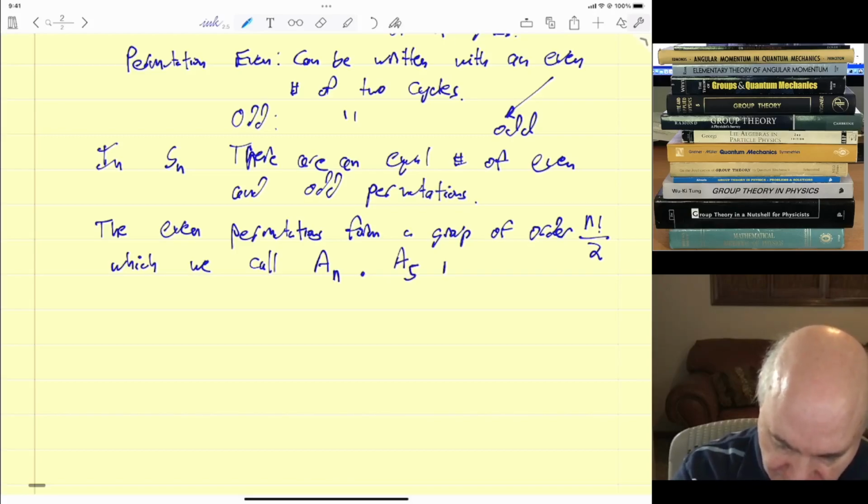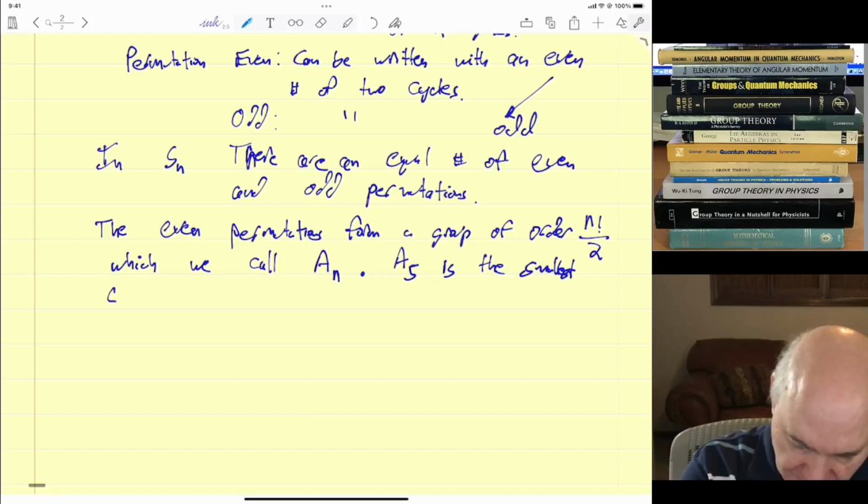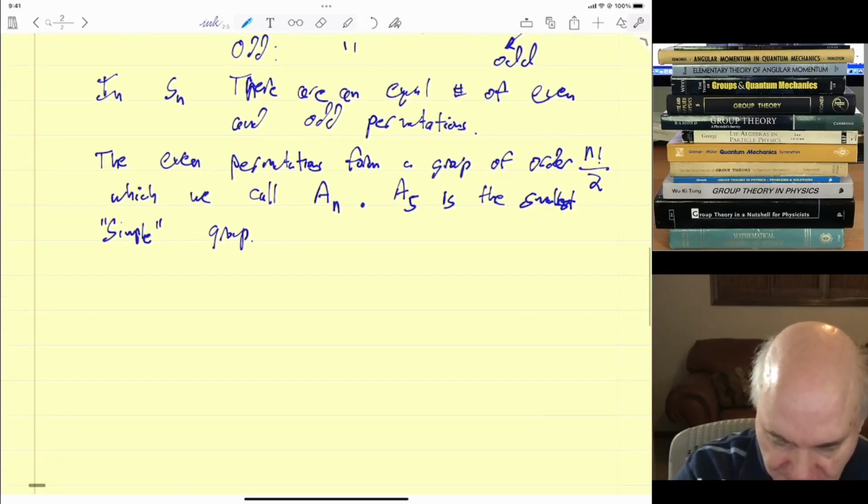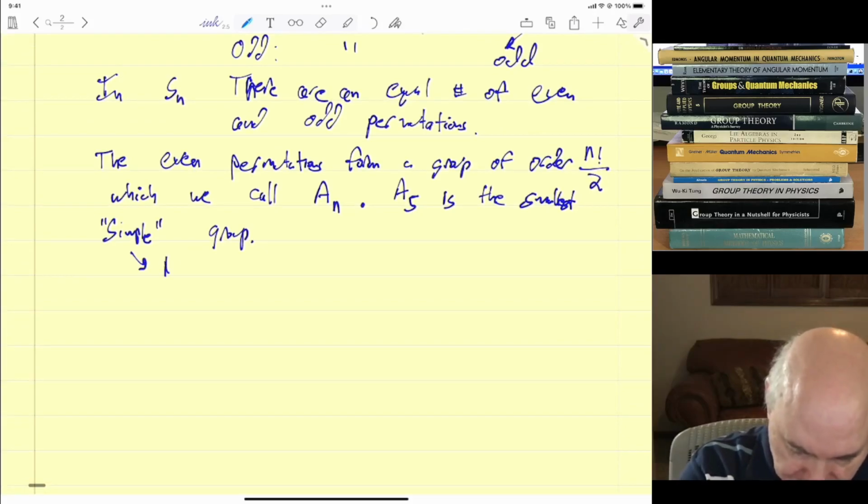A5 is the smallest simple group. And simple is a technical term. I'll define it later, but basically it means that it has no invariant subgroups.